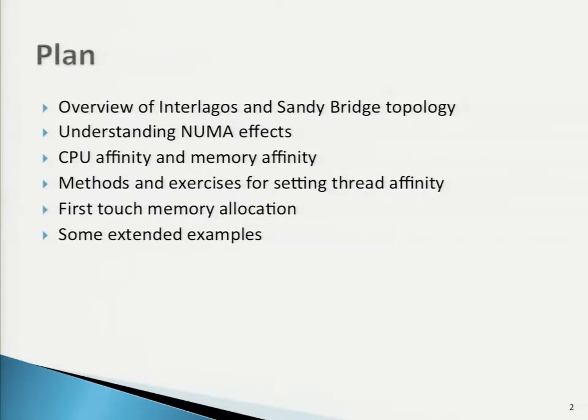And then we'll do some methods and exercises to illustrate this point. At the end, we're going to do some extended examples where we revisit the Laplace and dispersion examples from yesterday and see if we can make some changes to the code to get a good performance increase when we go from 8 threads running on one socket to 16 threads running on 2 sockets.